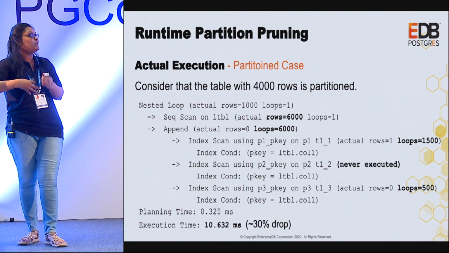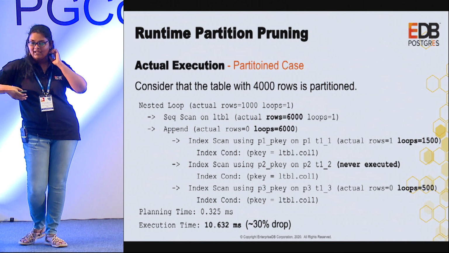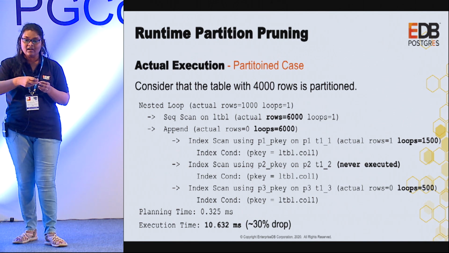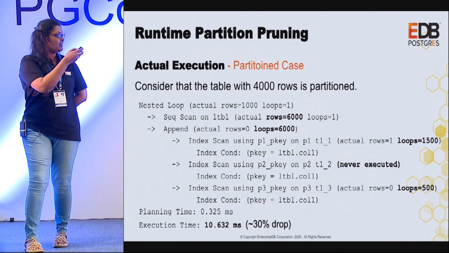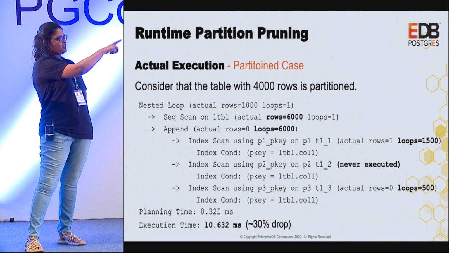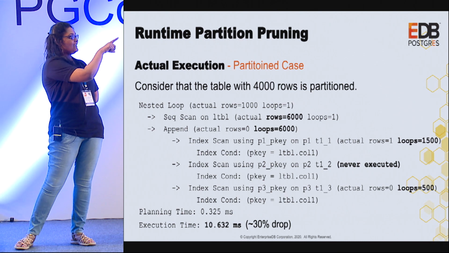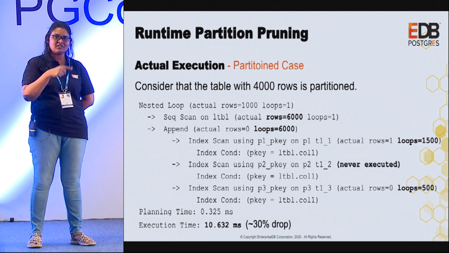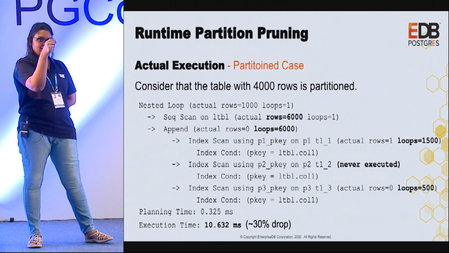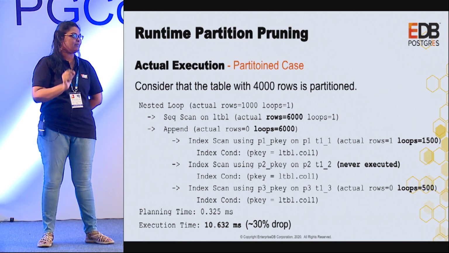Similarly, in the partitioned case, the L table has 6,000 rows, and it looks up 6,000 times. But it checks in the partition whether it satisfies the row value that has come in from the L table.